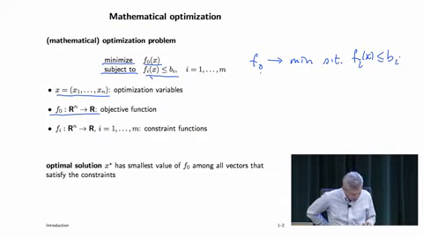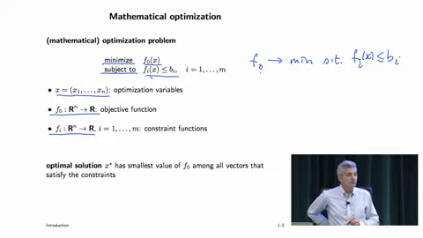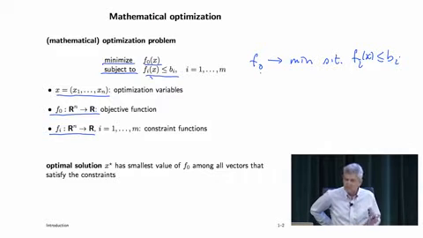Okay? And then the constraint functions have a different semantics. All that matters with a constraint function is that Fi of x should be less than or equal to Bi. Often, but not always, these have interpretations like resources. So when you choose x, Fi is how much of the ith resource you use, and this constraint states that your budget is Bi.